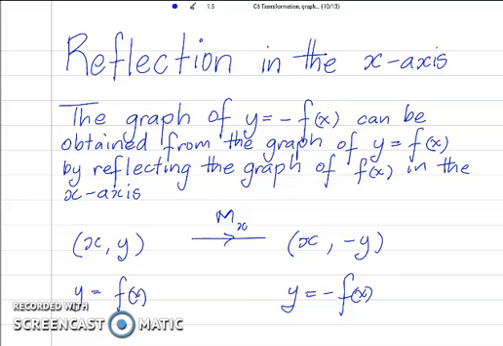When this is done, any point (x, y) on y is equal to f of x is going to map onto the point (x, minus y) on y is equal to minus f of x. In other words, whenever you reflect a point in the x-axis, the x-coordinate remains the same and the sign of the y-coordinate changes.